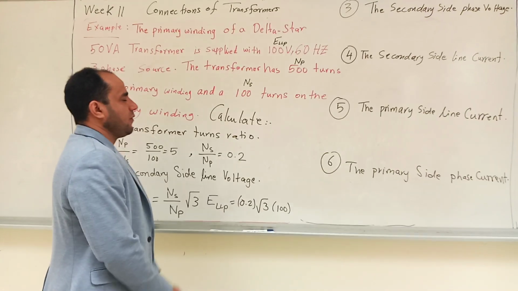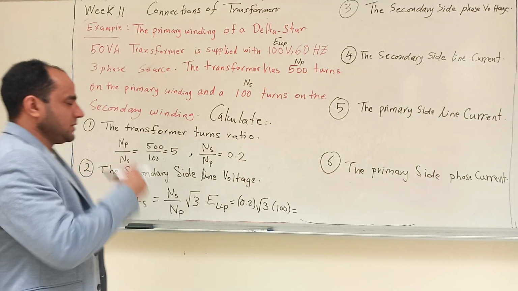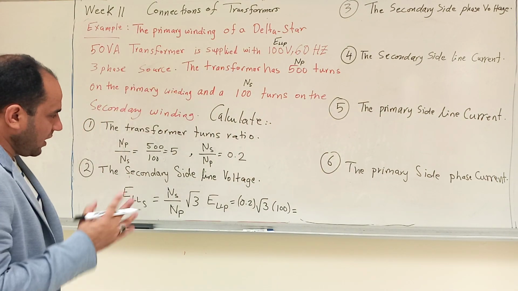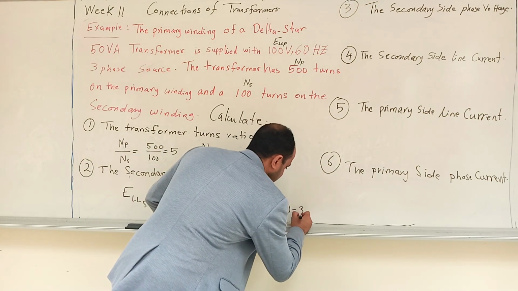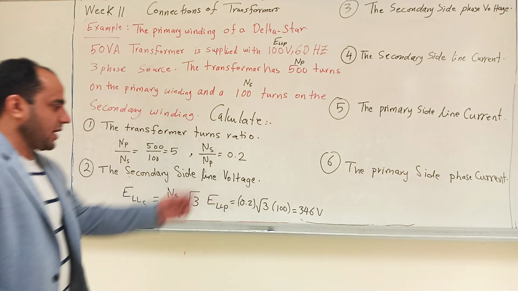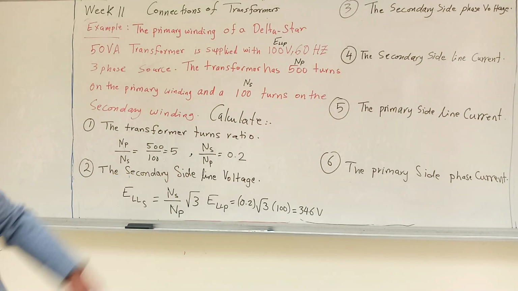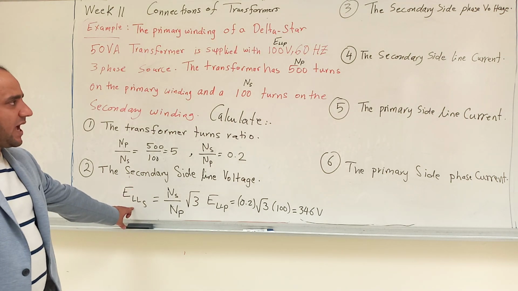It means 173 over 5, which is about 34.6 volt. Let's check by calculator. It should be around this. 34.6 volt. What is this? Line to line in the secondary side.